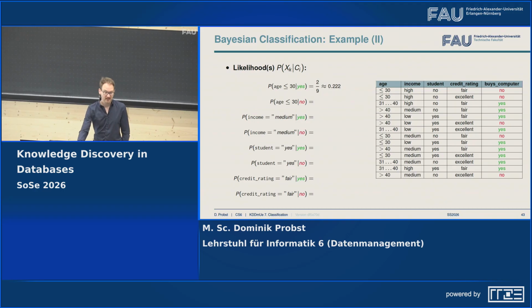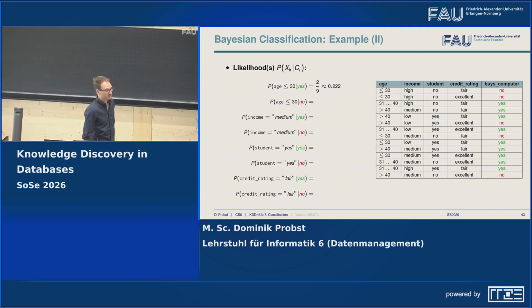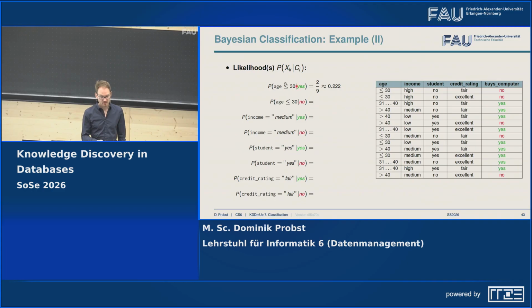For age below 30 and yes, we end up at 2/9. How do we do that? Well, for age below 30 and yes, we simply have to take a look at all the yes tuples in our training data set. So we have 9 yes tuples in here.